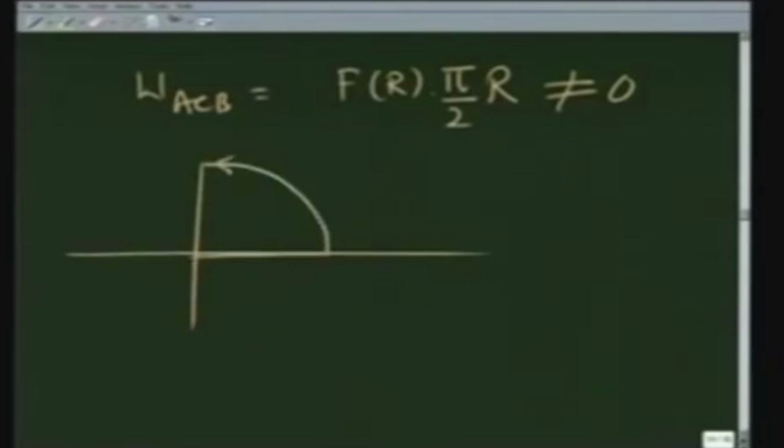So, if the particle moves in this force field from A to B through this path, by work energy theorem it is going to have a kinetic energy at this point. On the other hand, if it moves along this path, there is going to be no change in the kinetic energy. So, this is another example of the force field where the work depends on the path taken.